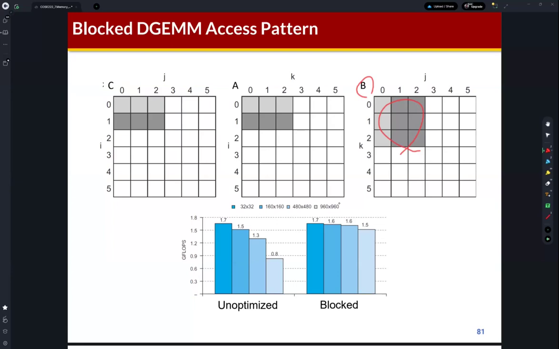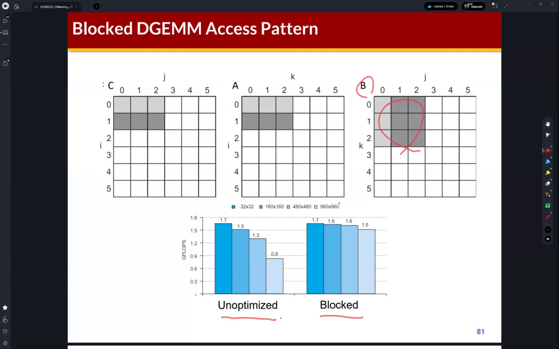Do you understand? So this is the unoptimized version, the normal matrix multiplication, and this is the blocked matrix multiplication. It means the large matrix is partitioned into smaller submatrices, and then we perform the matrix multiplication between the smaller submatrices.